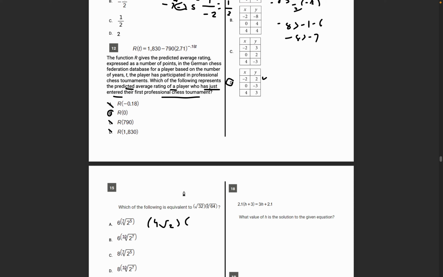It's 2 to the 5th. We can have 2 to the 5th times 2 to the 1st. So that'd be 2 to the 6th. Right? And this is 4 times 2 to the 1/2 power.